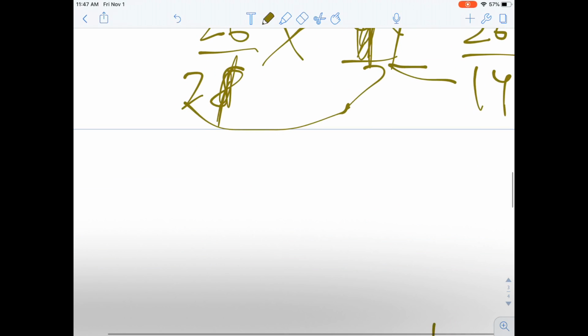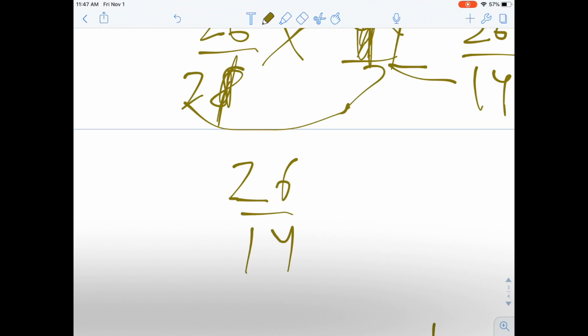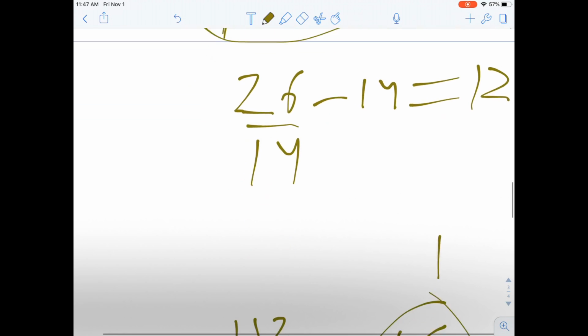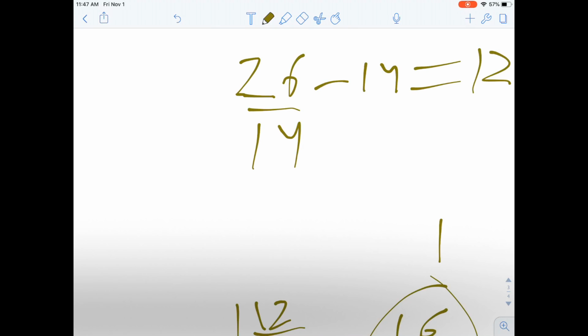And so our answer is 26/14, but we need to simplify it. The way I simplify is just doing 26 minus 14 equals 12. But I can't do 12 minus 14 because that would be -2. So since I used one whole, our answer would be 1 and 12/14.